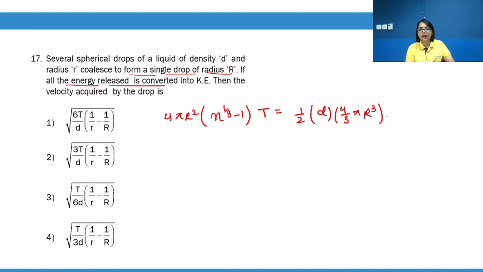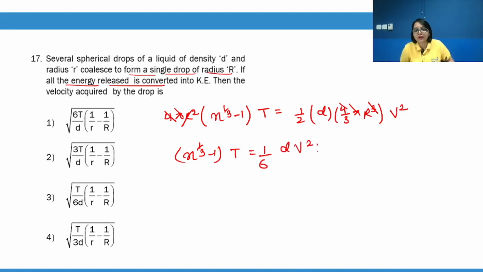Bigger drop, and into V square. So basically 4 pi will cancel, and r square will cancel this r square. So we have n power 1 by 3 minus 1 into surface tension is equal to 1 by 6 d v square into r, right? Now we know that capital R is n power 1 by 3 into small r, right? So you can write n power 1 by 3 as capital R divided by small r.